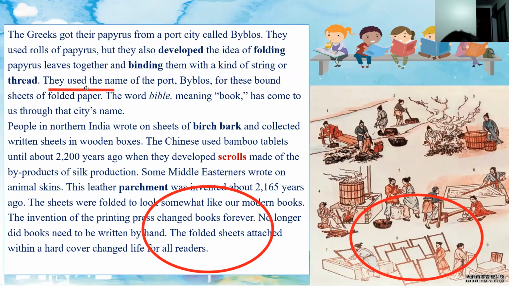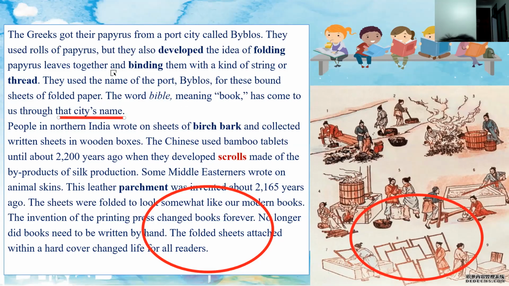During that time, they used the name of the port Byblos for these bound sheets of folded paper. The word Bible, meaning book, has come through that city's name.